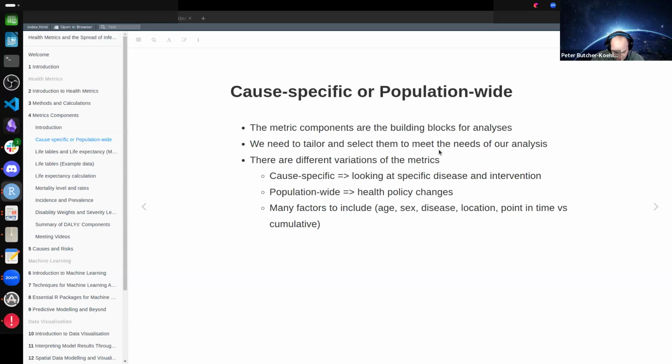Beyond that, there are many factors we can include given the appropriate granularity of data. So including age, sex, disease, location, point in time versus cumulative analysis.